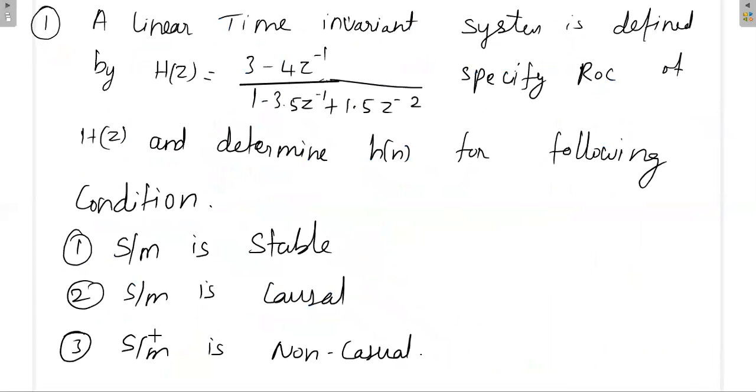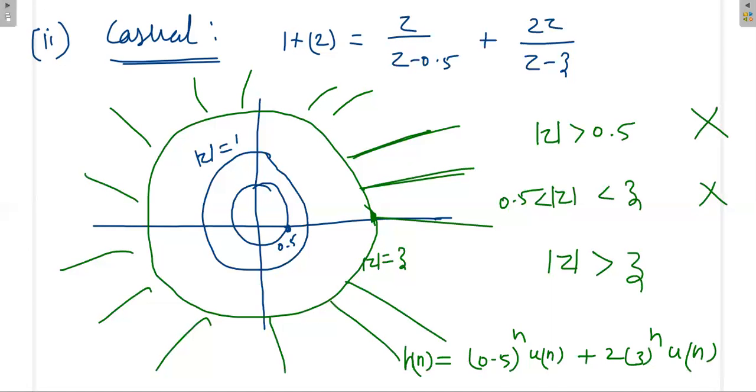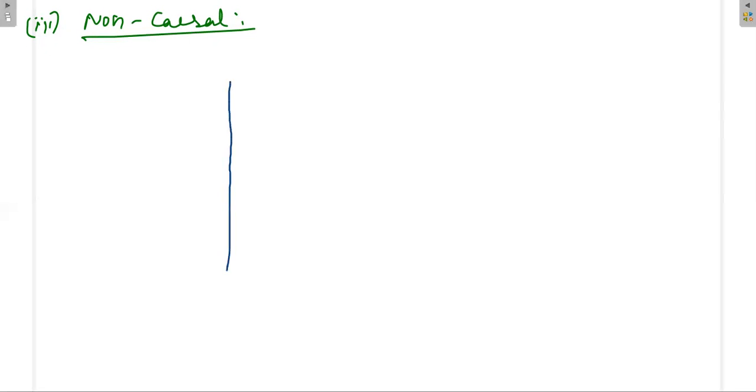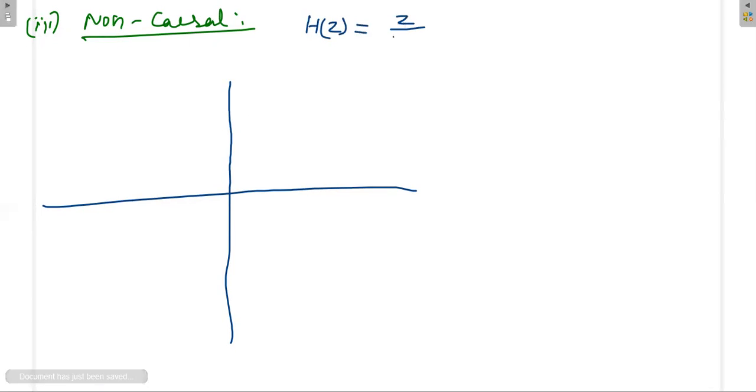The last one is if the system is non-causal. Before that, let's write the h of z. h of z is equal to z by z minus 0.5 plus 2z divided by z minus 3.